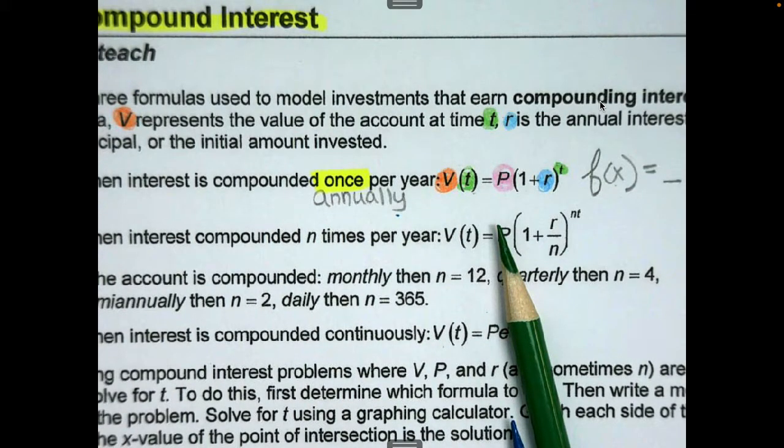You can go ahead and read the next story. When the interest is compounded n times per year. So if you do it more than once, you're going to have to put in n, how many times per year, in a couple different places in the formula.